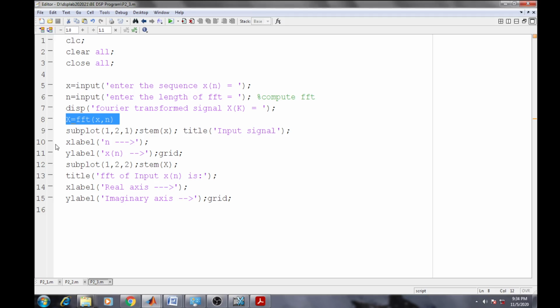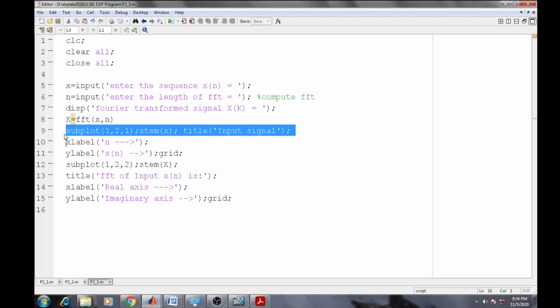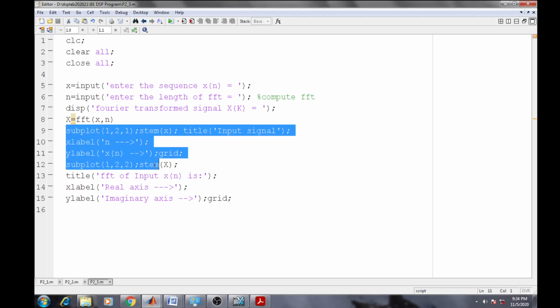For plotting, again I highlighted a few statements. These statements are like this: subplot 1 2 1. It means there is one row and two columns, and the first place.